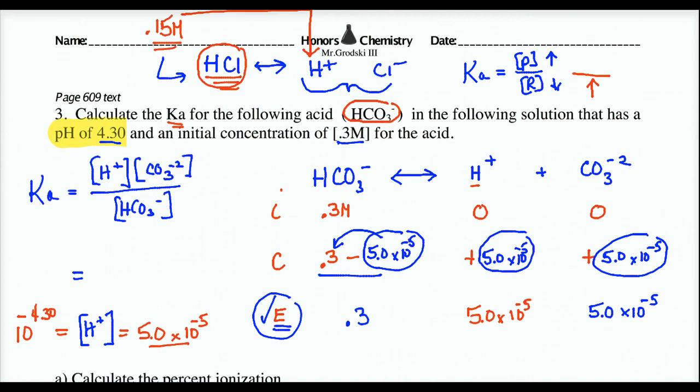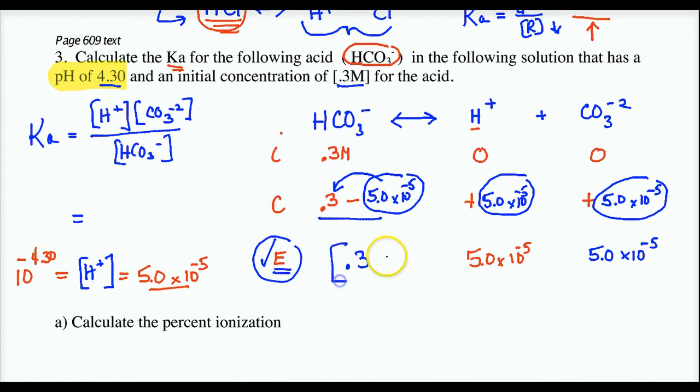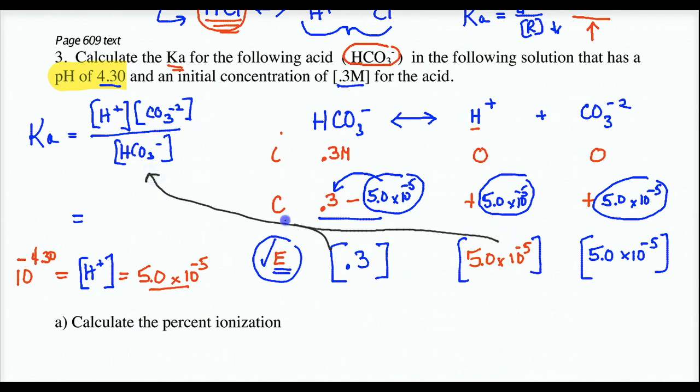So my friends, in chemistry, I have the concentrations of my components. All I have to do now is plug them in to my equilibrium expression, and I can find my Ka. All right, so let's do it.